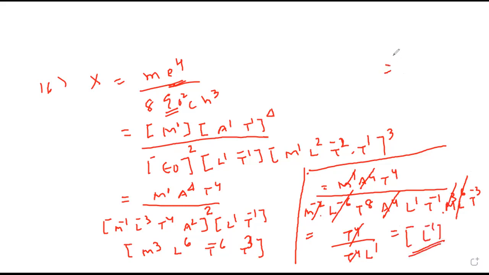L raised to minus 1 is 1 upon meter. This is wave number. I have taught you wave number, it is 1 upon wavelength. Yes, sir. So the answer is wave number. See how long a process we did and look what came. So you can remember it, I had written later. Just copy this one.